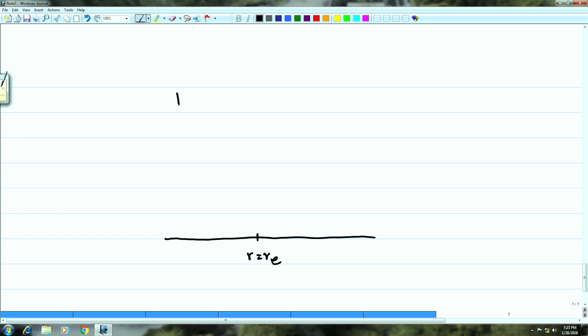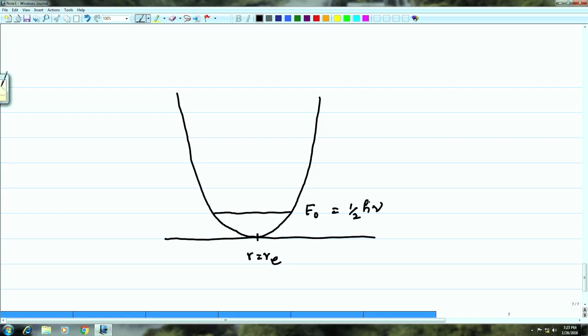If you write the harmonic oscillator potential energy in the parabolic form, then the energy levels are E0, which is half h nu, then E1, which is 3 halves h nu, and then E2, which is 5 halves h nu, and so on.